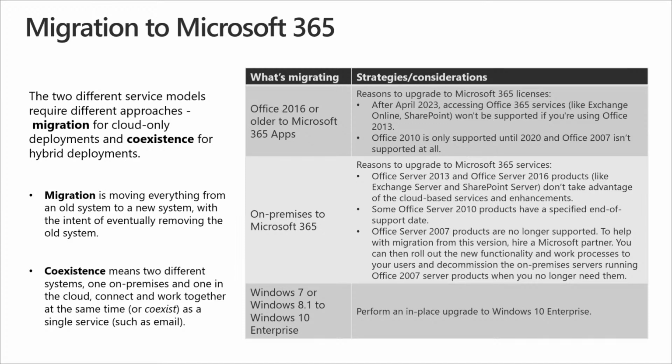Like Office 2007 isn't supported at all, and 2010 is no longer supported as of this year. So are you going to upgrade individual copies on your machines in your office, or are you going to move to Microsoft 365 and manage the Office instances through the cloud?